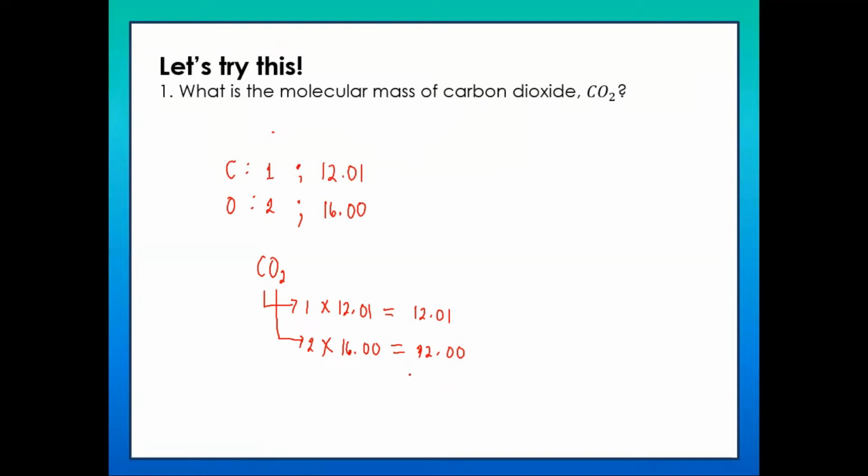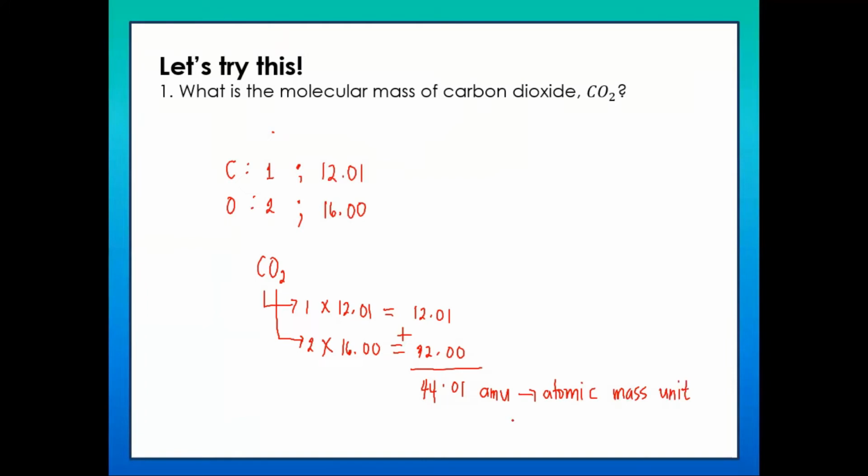After multiplying the atomic mass by the number of atoms, we have to get the sum of the products. So we have to add these: 12.01 plus 32.00 gives us 44.01. The unit that we have to use is AMU, which means atomic mass unit.